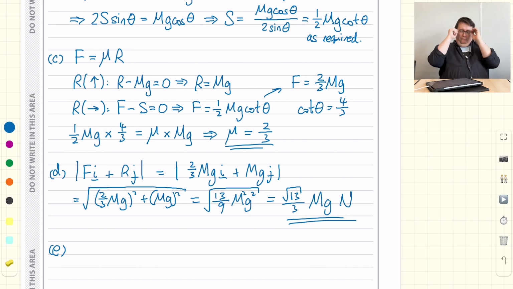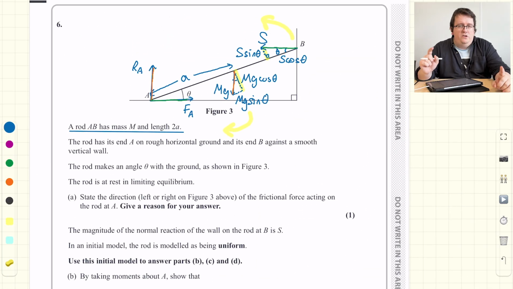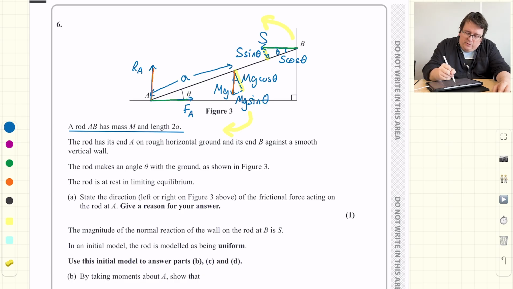Okay, so let's take a look at the diagram. So we're non-uniform now, and the centre of mass is closer to B, so it's somewhere maybe here. So that means that the distance from A to the centre of mass has increased. So let's do the calculation.